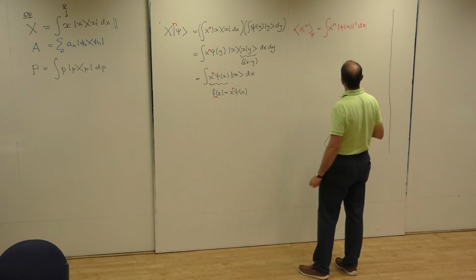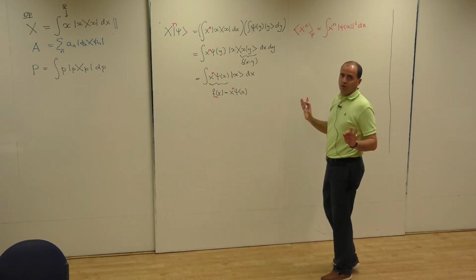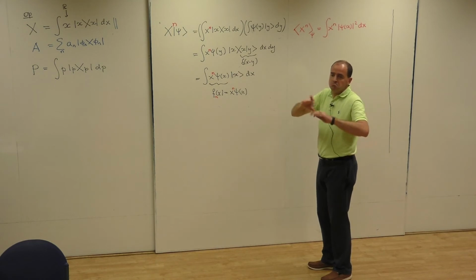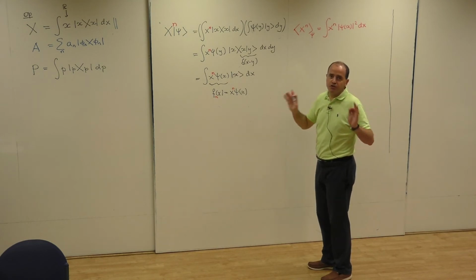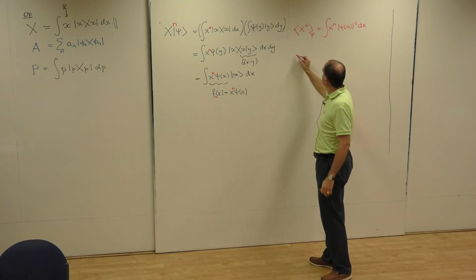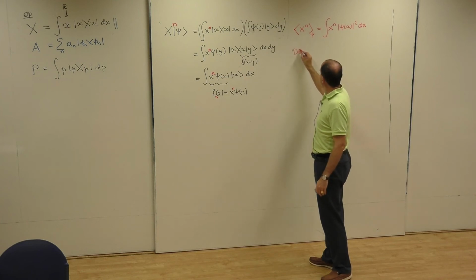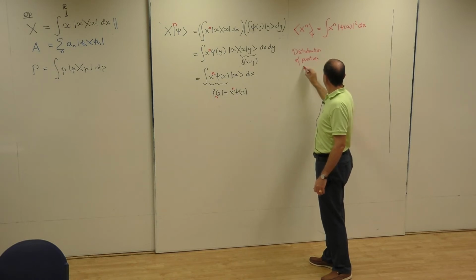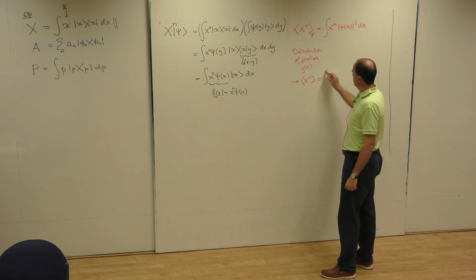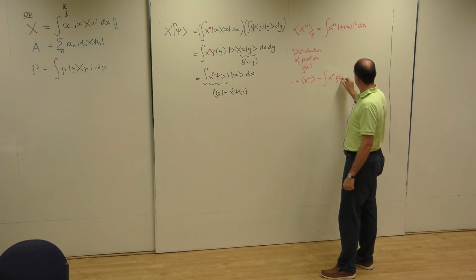But if you don't do quantum mechanics, if I just tell you there is a distribution of positions, rho of x, which can be classical, and I ask you what is the average of x to the power n, you would certainly write this.